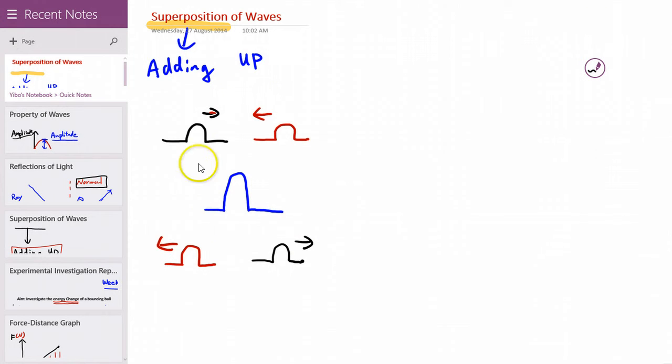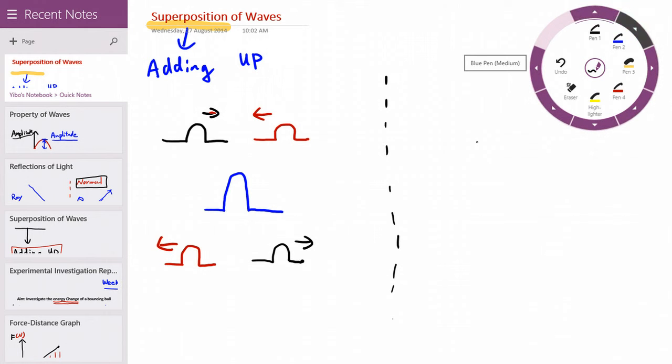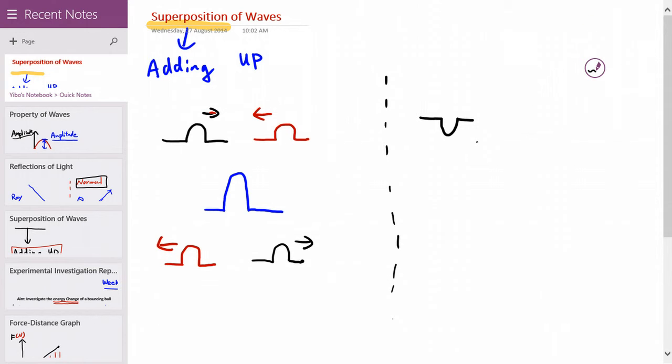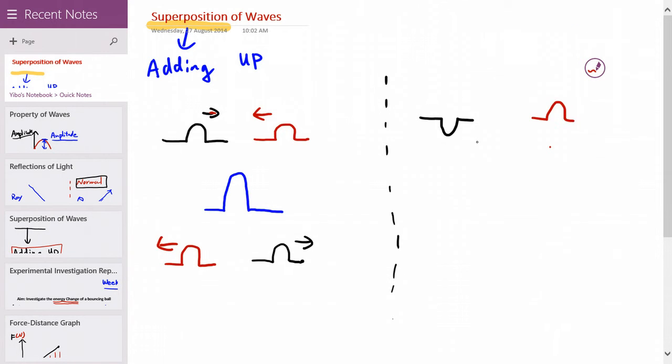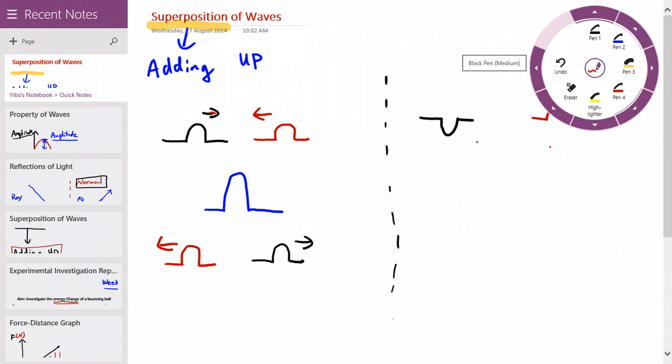Now, this is basically called superposition of waves. It's a fancy word for just adding up. Now, have a look at another scenario. Sometimes we have a wave which goes down meeting a wave which comes up.